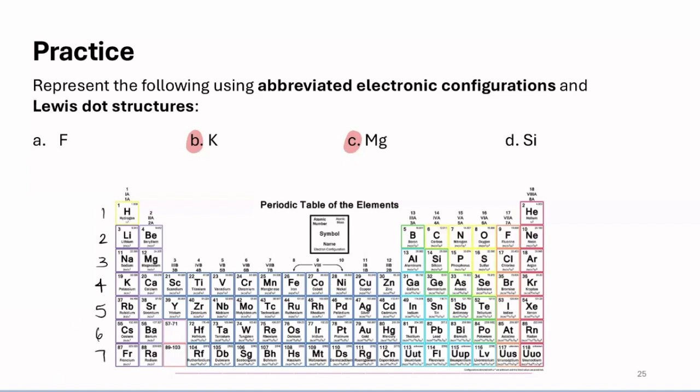The abbreviated electron configuration or noble gas configuration for potassium is going to be specifically argon, in parentheses, 4s1. So that means that because potassium only has one valence electron, how I write its Lewis structure is going to be K with a single dot.